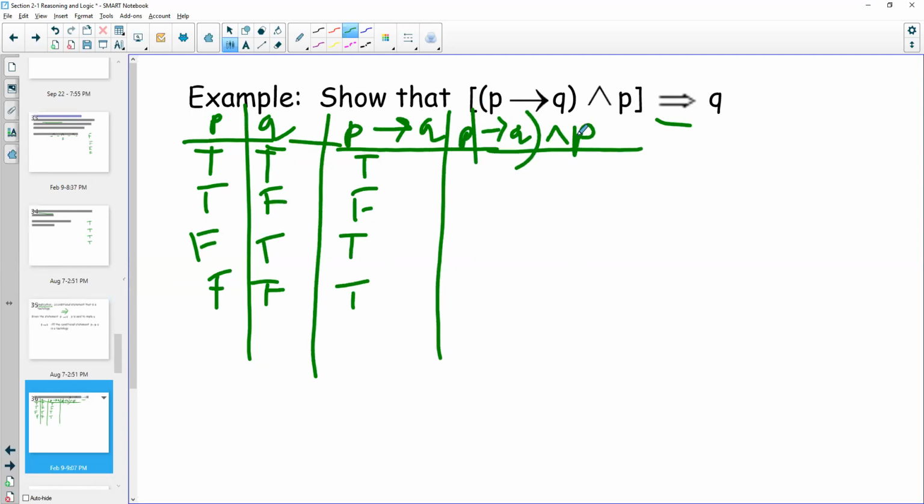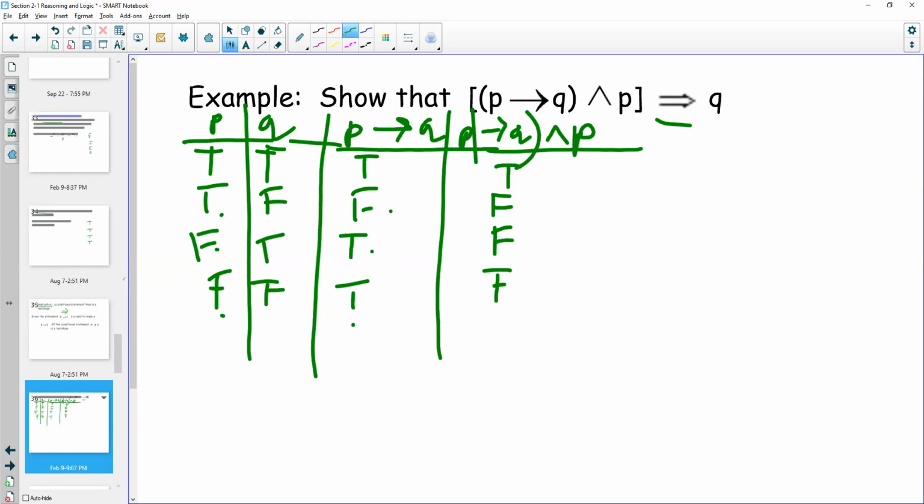So I'm going to just ignore Q for the moment. Those are both true. That's false. That's false. That's false, right? Oh, something's lined up wrong somewhere. False, true, true, false, true, false, false.